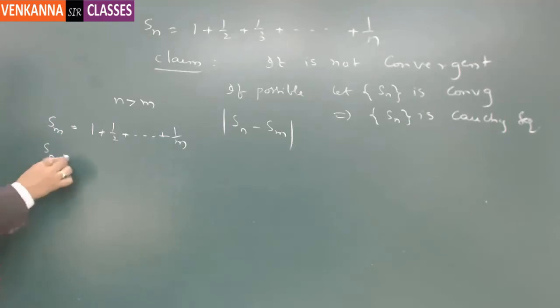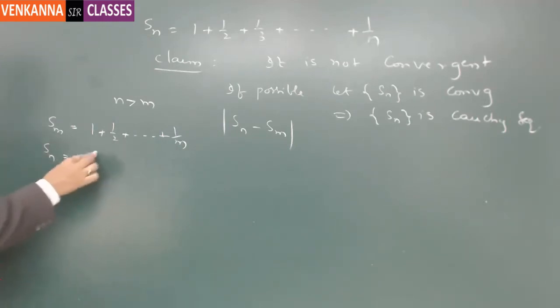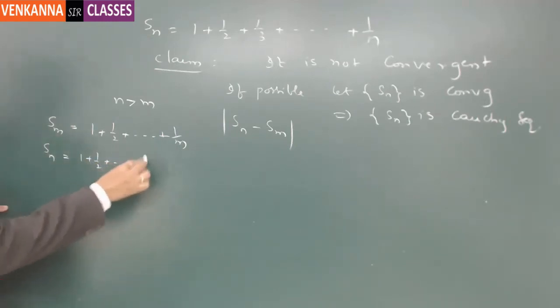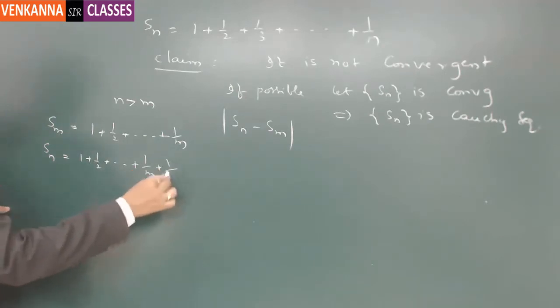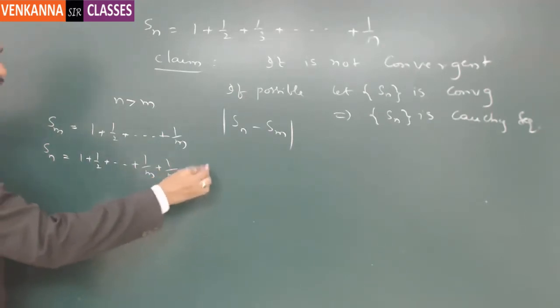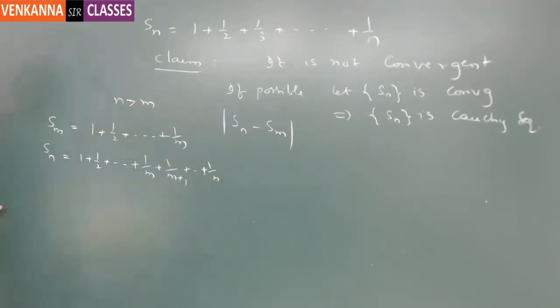If I write Sn, it means 1 plus 1 by 2 plus so on plus 1 by m plus 1 by m plus 1 plus so on plus 1 by n, because the sequence is defined in the sum model. Did you get it? Yes or no?